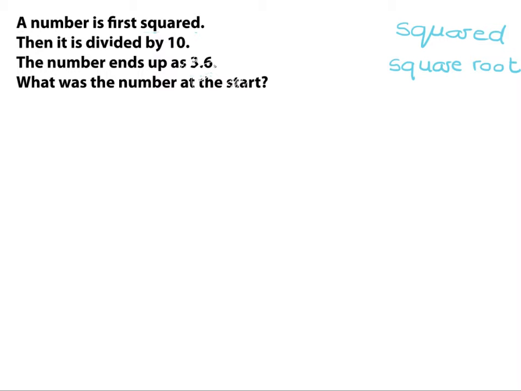You need to know what a square root is because this problem asks you to do things backwards. It asks you to start at 3.6 and go backwards to find the number. And a square and a square root are like backwards images of each other. Don't worry, it will all become clear.